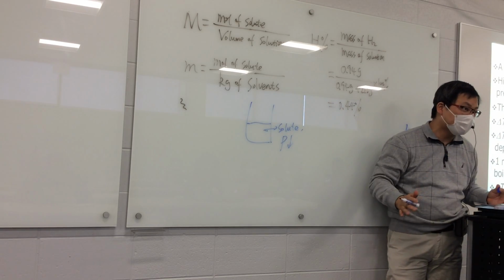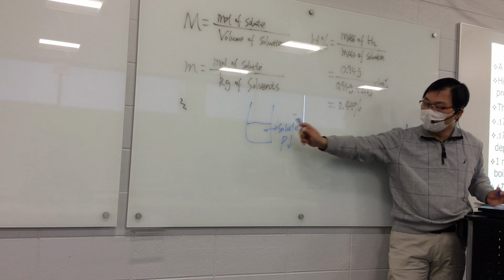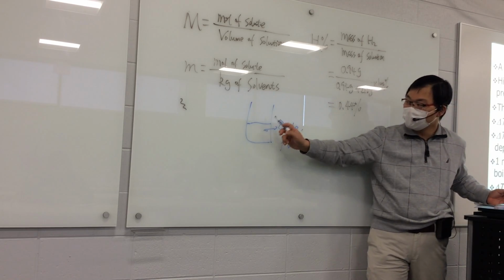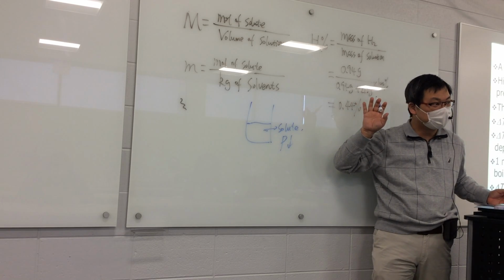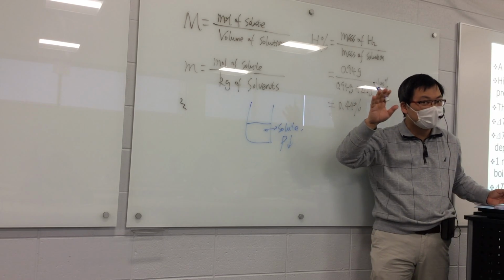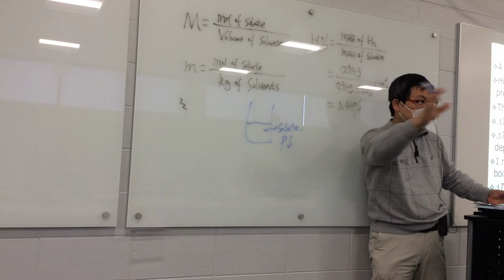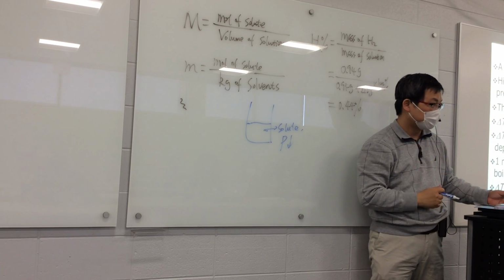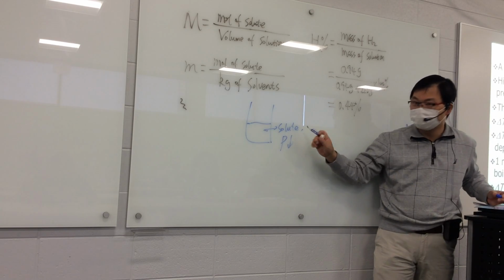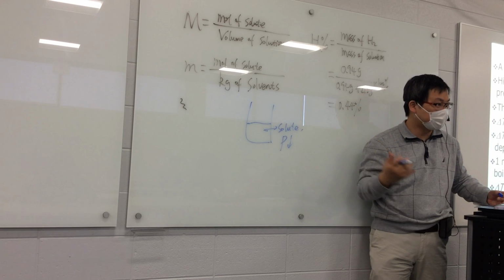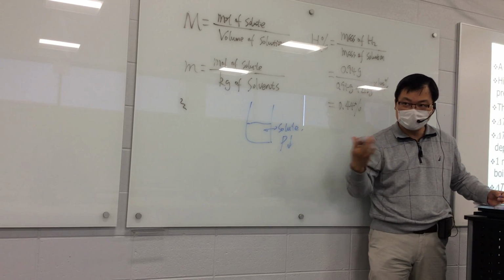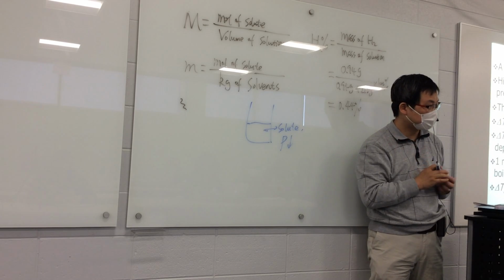And now, if you want to boil this solution, you want the vapor pressure to be equal to the atmospheric pressure. Then you have to increase the temperature to make it happen, because usually, as you increase the temperature, the vapor pressure increases.